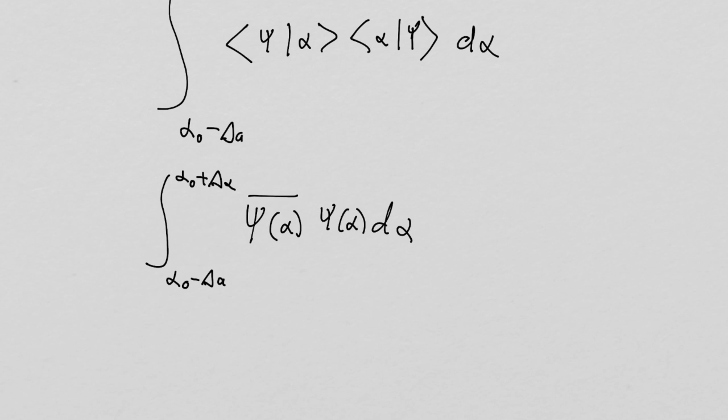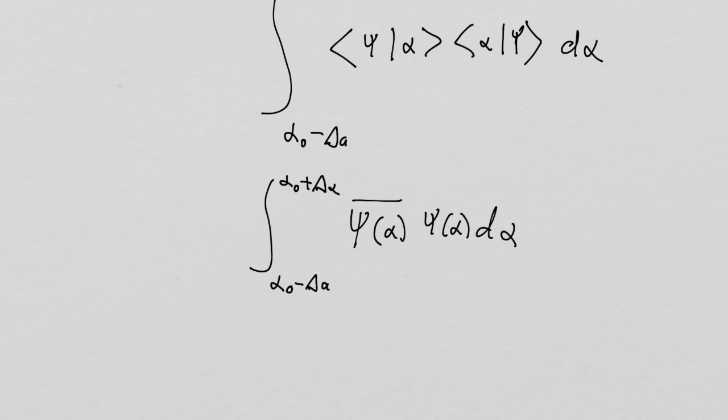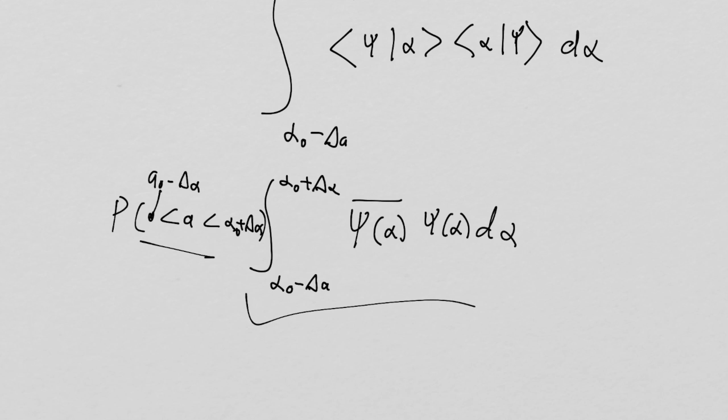So there's the link between everything. This is the probability that the measurement of our value is between alpha 0 minus delta alpha and alpha 0 plus delta alpha. That probability equals this integral.